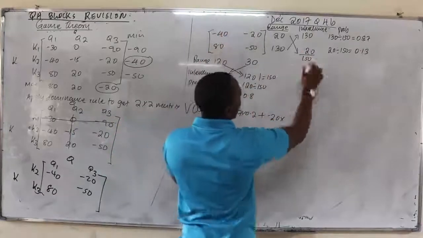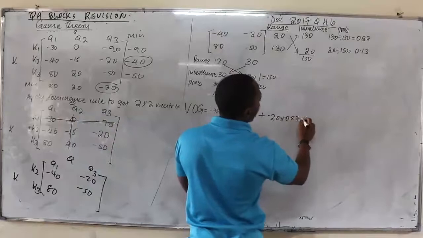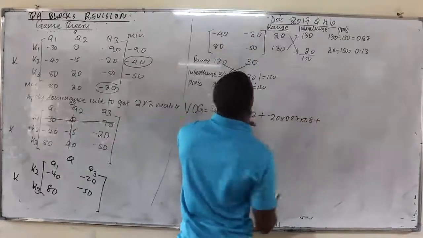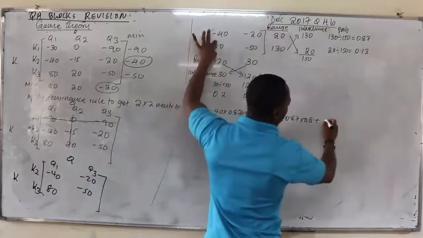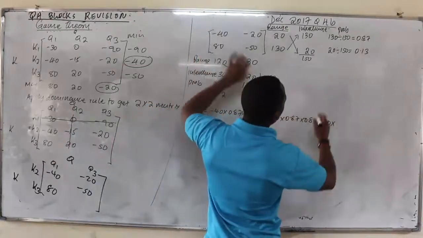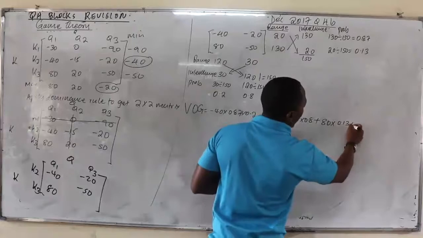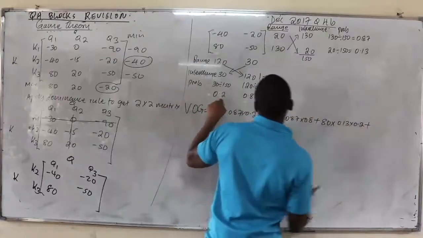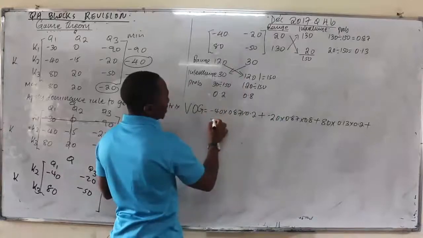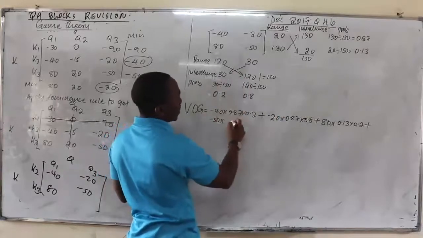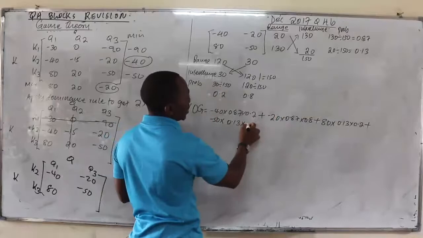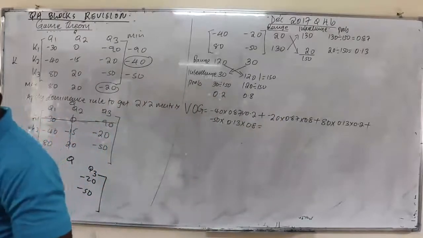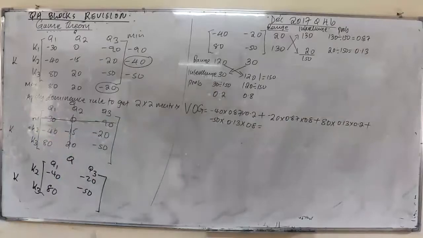You multiply by the probability of 0.87, and by its probability of 0.8. Take the other payoff, which is 80. You multiply by the probability of 0.13, and by the probability of 0.2. And lastly, -50. You multiply the probability of 0.13 and 0.8. Good. So you can take a screenshot.